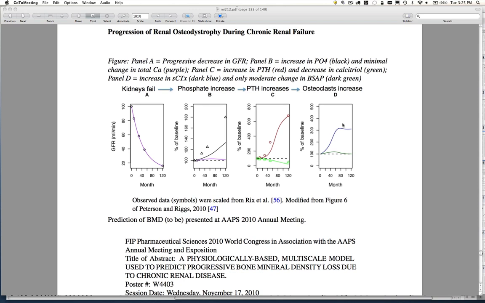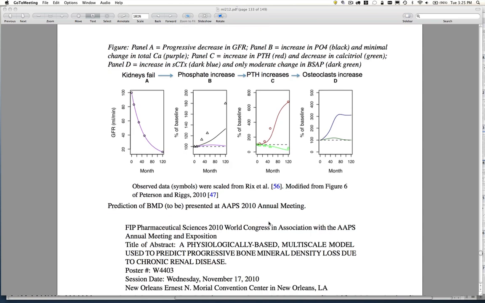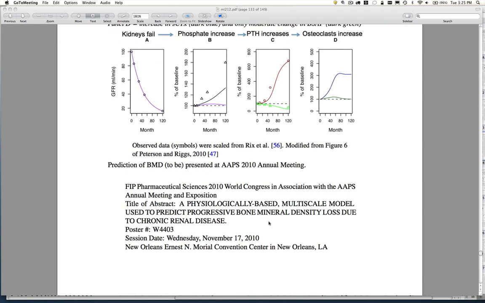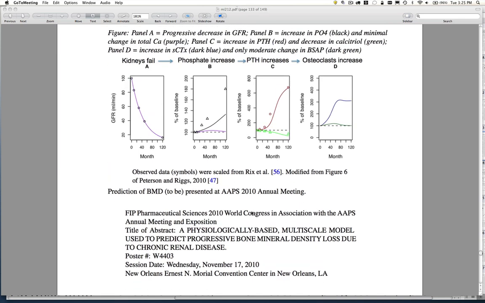And we've since gone on and used the model to predict from these changes in bone markers the observed changes in BMD, again reported by Ricks. I'm presenting this next week down at APS, in which case I'll update the slides to put the figures in. I didn't know if there are any embargoes or whatever of presenting before the meeting, so I didn't want to put that in yet.